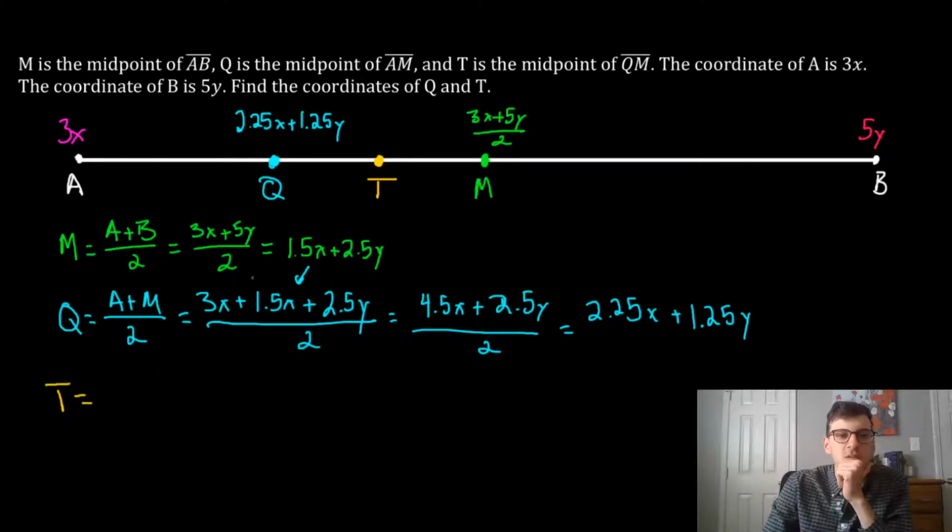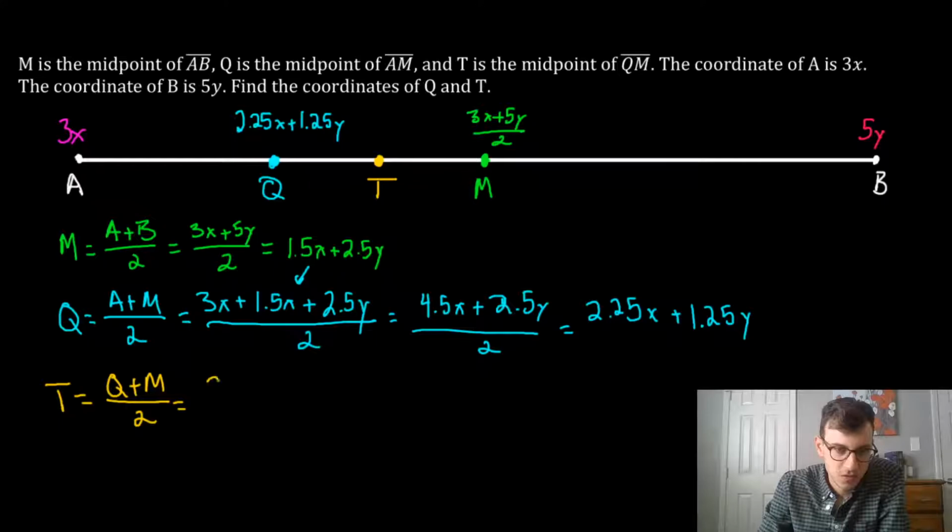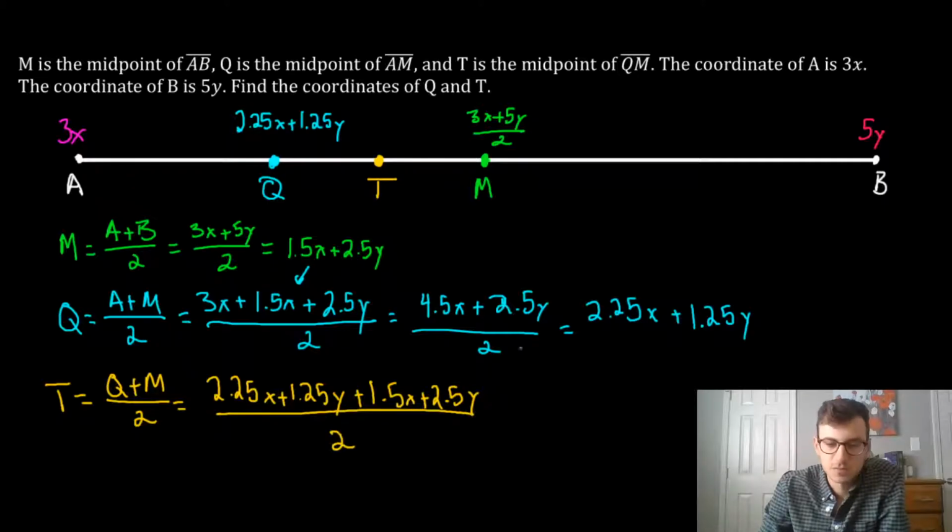Well, T is the midpoint of QM, so that's Q plus M divided by 2, which is 2.25x plus 1.25y plus 1.5x plus 2.5y, all of that divided by 2.